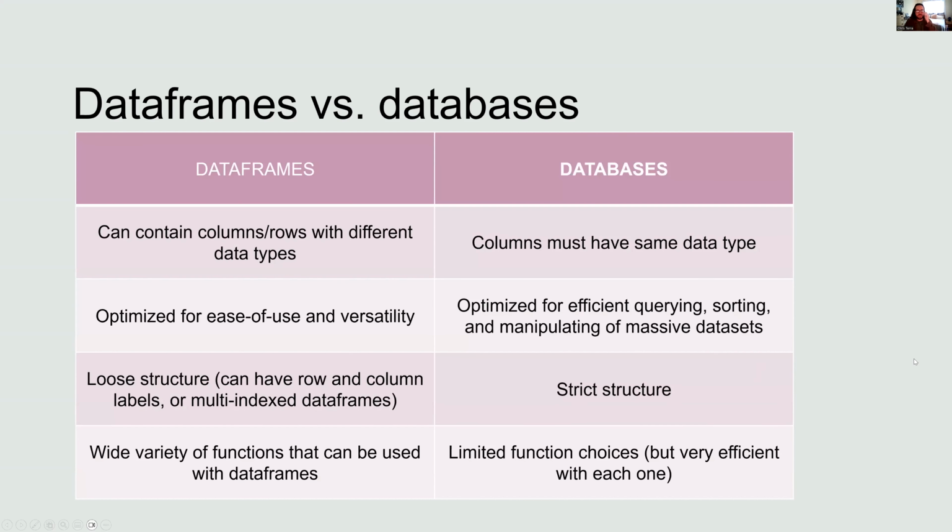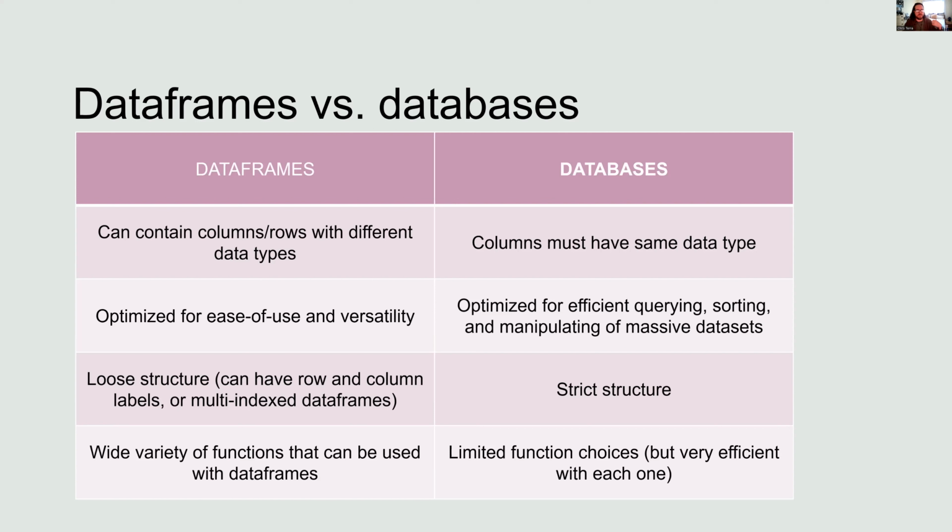To give a breakdown of the difference between a pandas data frame and a more SQL-adjacent database: as Joshua talked about, databases are very efficient structures, and they maintain that efficiency because, depending on the database you're working with, they have to be pretty rigid about the data type that goes into each column.